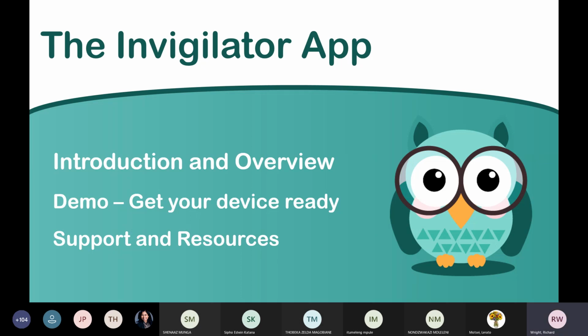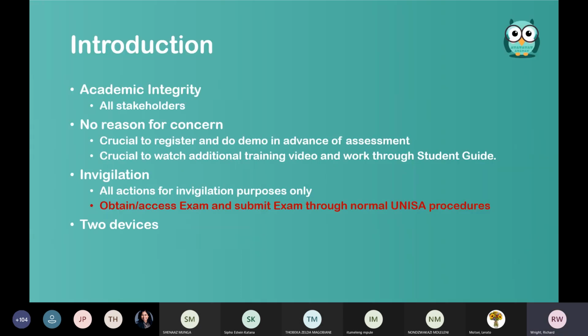So just to get started, let's start with an overview of what the Invigilator app is and why we need it. It's all about academic integrity. You would know that when you went to a physical venue to write exams, the invigilators were walking up and down, and they would check your ID. They will make sure your ID is aligned, that the photo is actually you on that document.